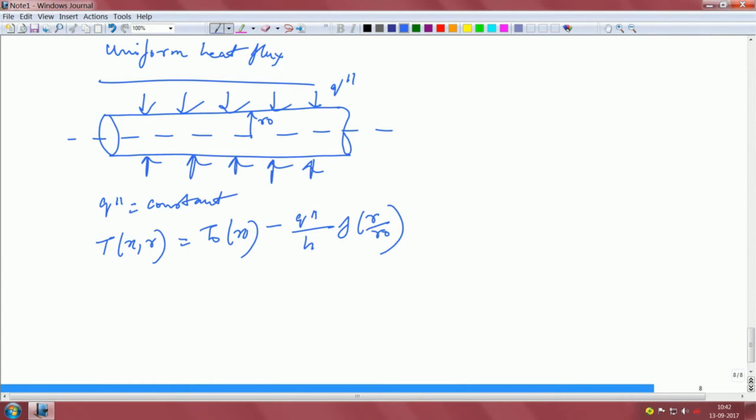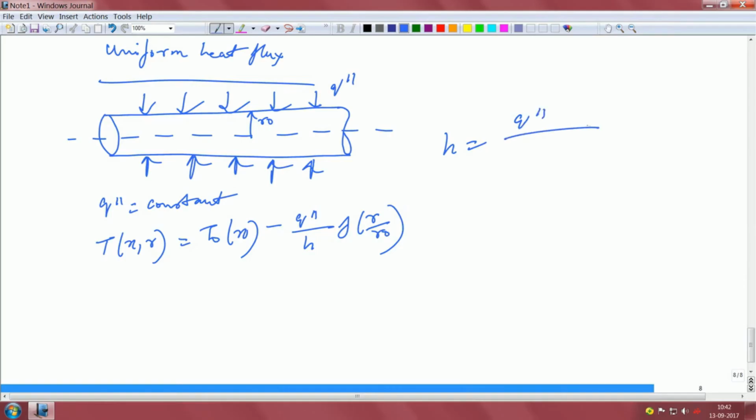This is a very simple definition once again, because T naught minus Tm has been substituted by Q double prime, using the definition of h. If you recall the definition of h, it was Q double prime divided by T naught minus T mean. So if you substitute T naught minus T mean, it will be Q double prime divided by h.